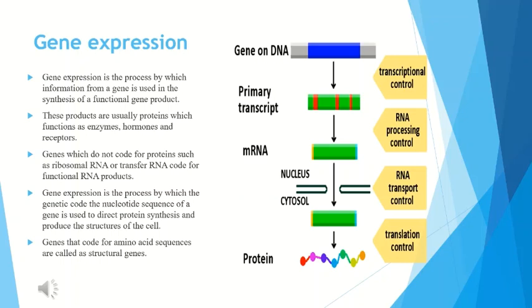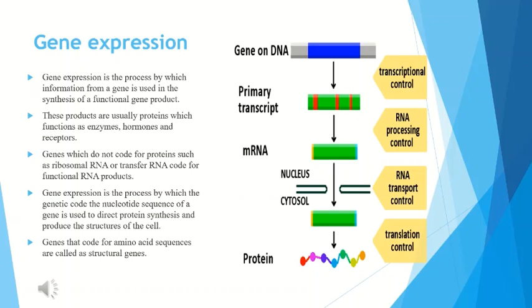So genes which do not code for proteins, such as rRNA or transfer RNA, code for functional RNA products. Gene expression is the process by which the genetic code, the nucleotide sequence of a gene, is used to direct protein synthesis and produce the structure of the cell.